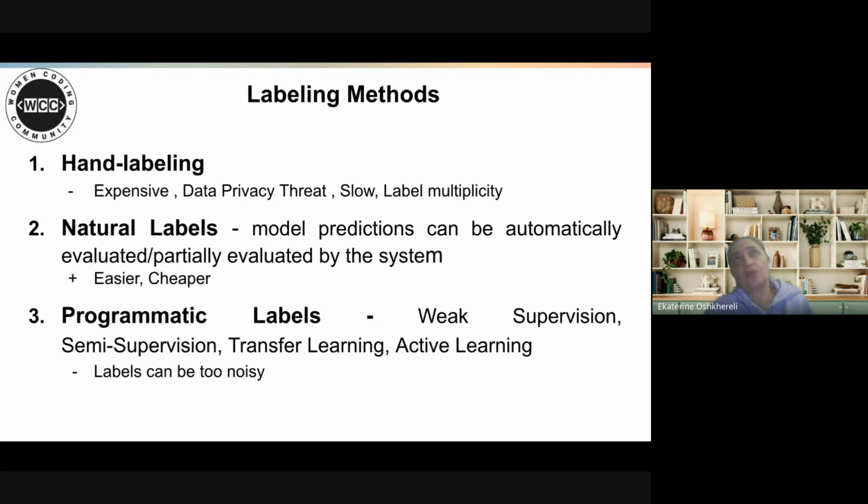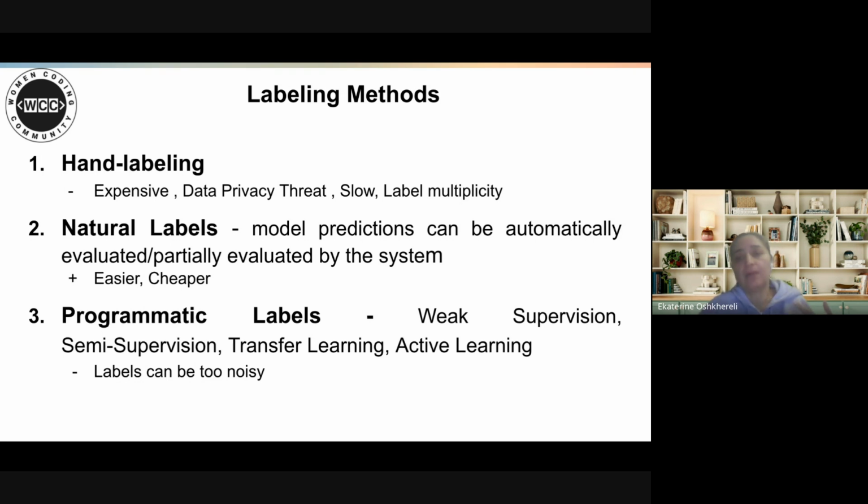So when it comes to the label multiplicity problem, I will not go too deeply into each of these types, just some of them. Label multiplicity could be caused by different sources of labeling, because different teams could work on the same tasks and label the same data, and because team members have different levels of knowledge, there could be some biases.